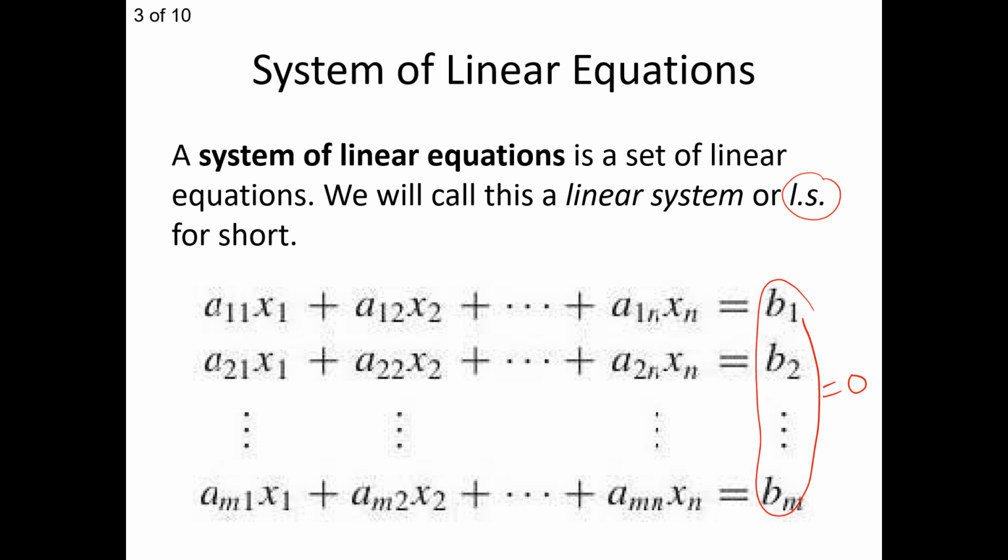Also note that every homogeneous system does have what we call a trivial solution, and that trivial solution is to just let all of our unknowns be 0. When we let all the b values be 0, there's always one trivial solution to it, and that is when all of our x values, or all of our unknowns, are equal to 0.